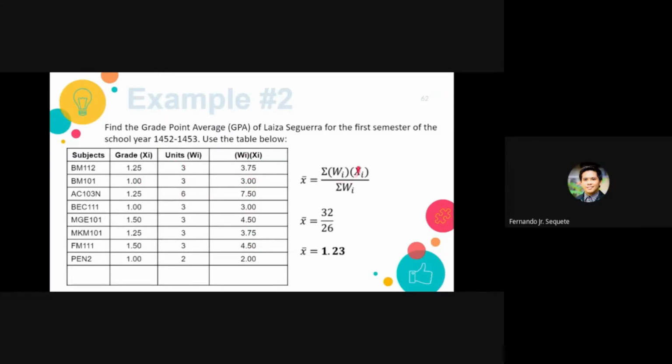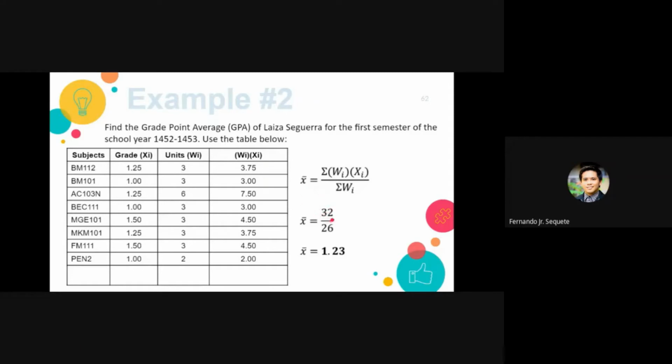And then we will use formula number 2 from earlier, the summation of this one. So all you have to do is to add 3.75, 3, 7.5, 3, 4.5, 3.75, 4.5, and 2. So after adding everything, you got 32.